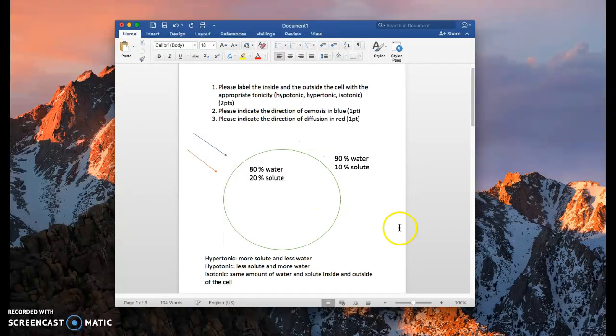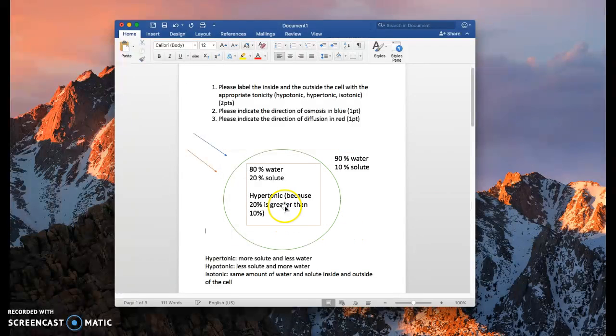So when we're looking at this one, the first thing that we're going to look at is which one has more solute. Well, we can see that 20% is greater than 10%, so this one must be hypertonic, because 20% is greater than 10%.